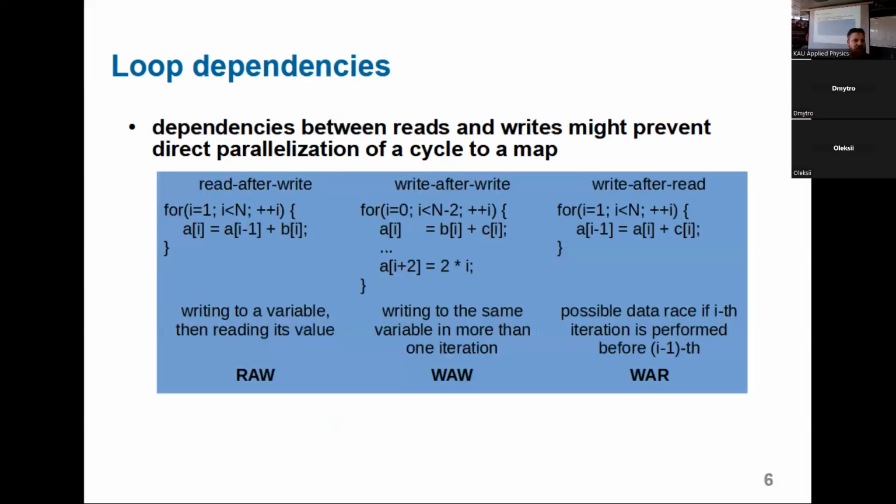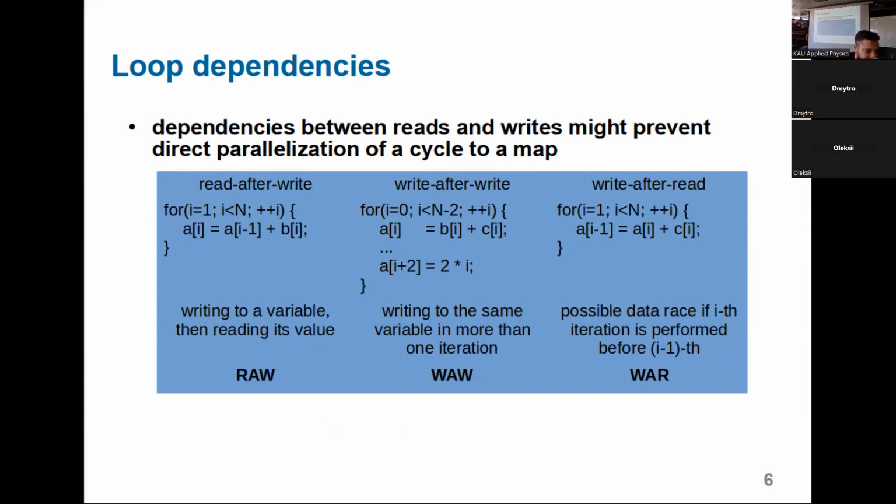Those loop dependencies can prevent me from having a linear speedup in the map, or can completely prevent me from mapping that function in parallel to my array.